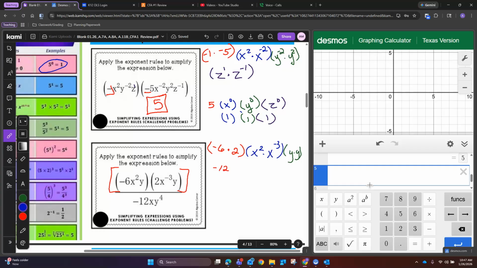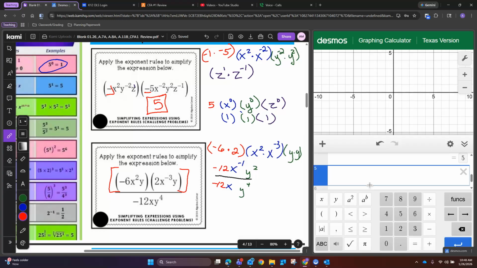I have 2 plus negative 3, which is negative 1. And then 2 y's gives me y squared. Right? And then the denominator is given to us as negative 12x y to the fourth.